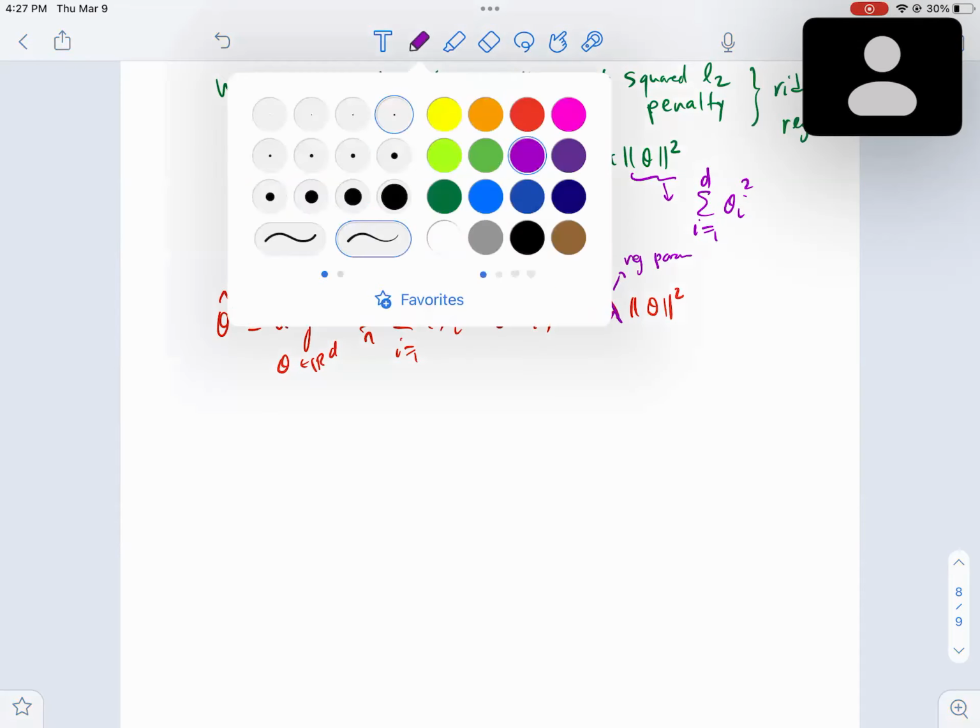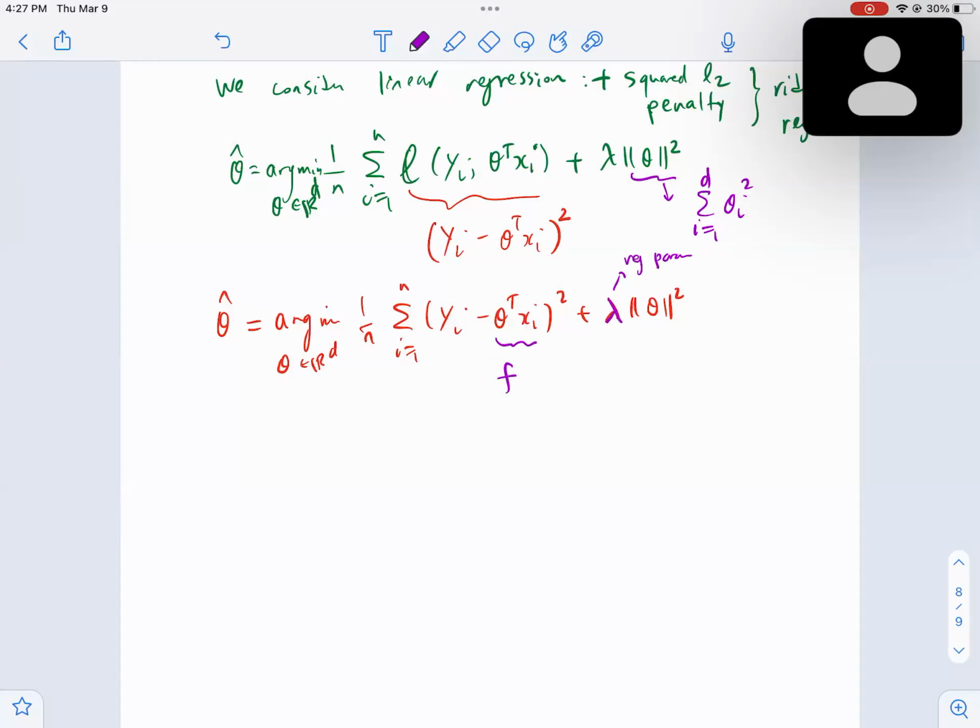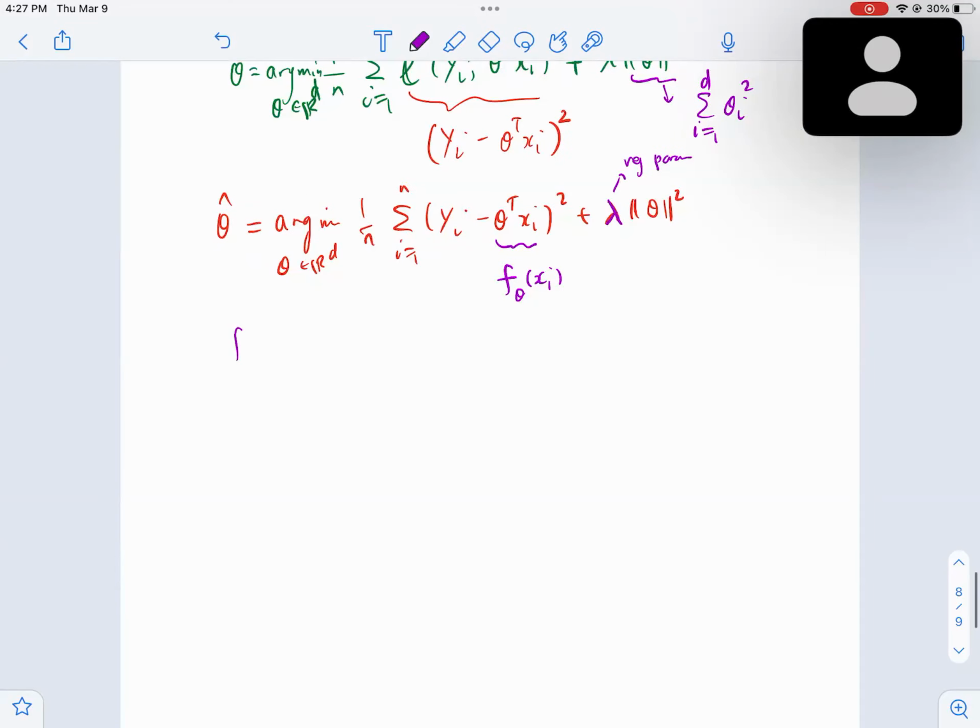You can think of this as f_theta of x_i. The function that you're estimating is this f_theta, and once I estimate theta hat, I would have the prediction that I want.